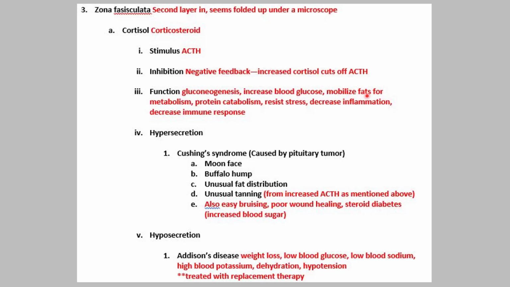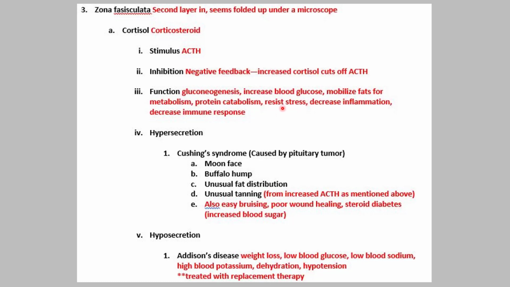Its function also is to mobilize fats for metabolism. So your body's wanting a lot of energy in the situations where cortisol is being released. So in addition to increasing blood glucose, we're also going to start breaking down fat. We're going to start to break down protein.